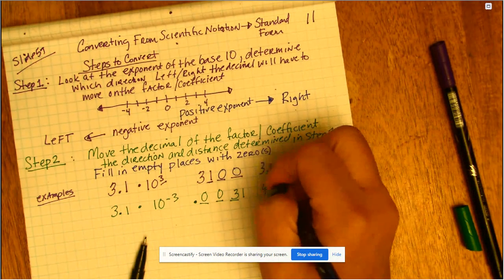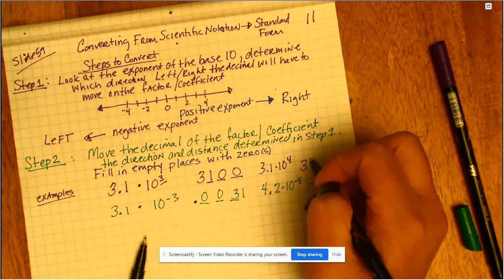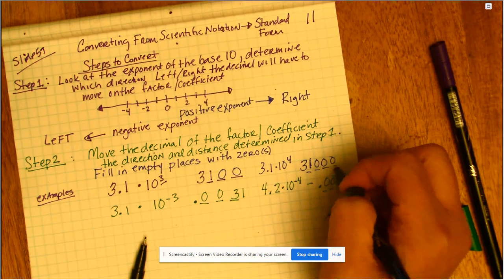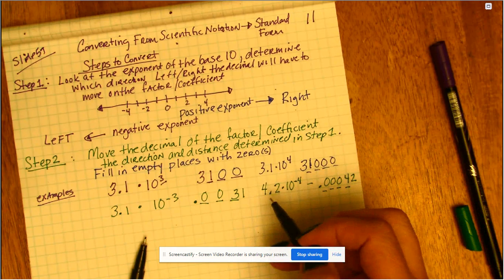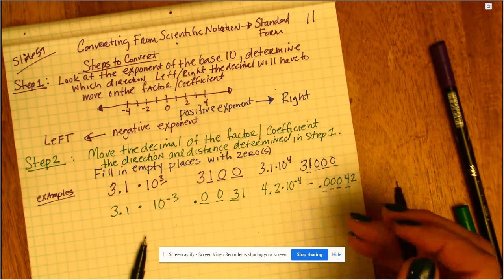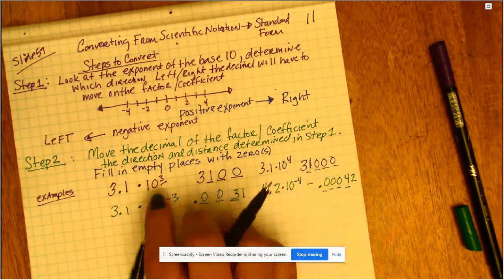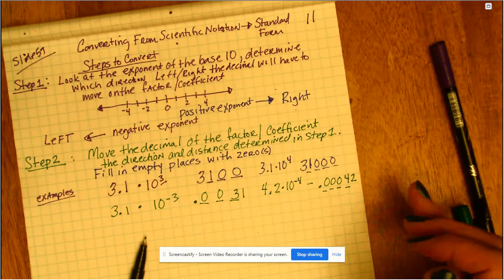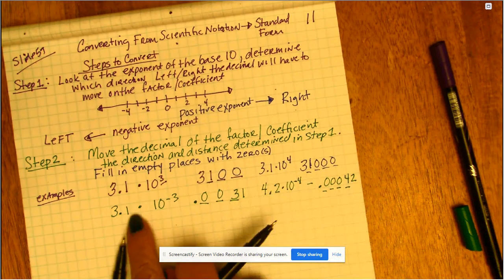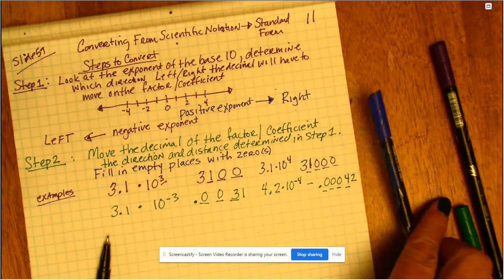Here, 3.1 times 10 to the 4th, 3, 1, 1, 2, 3. And the only reason that applies just to the negative number is because up here it may not always be 3.1. What if it's 3.126? In that case, I'm not going to have to add in any zeros if I was only moving 3 places. If I was moving 4, I'd only have to add in 1 zero. So that's why it's more significant with the positive exponent than the negative.